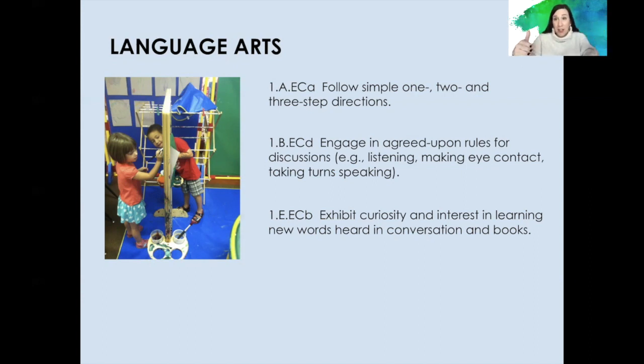We're having a discussion and we're using those language arts discussion rules, okay? Exhibit curiosity and interest in learning new words heard in conversation and books. I might be reading you a book about an artist and it talks about collages and portraits and watercolors, and you're learning new vocabulary words through the arts.